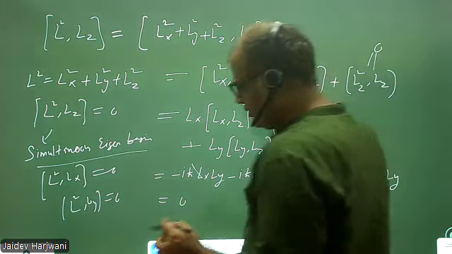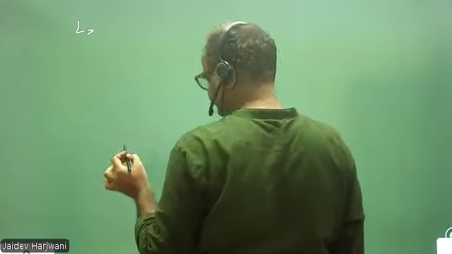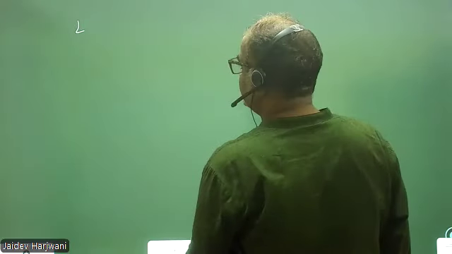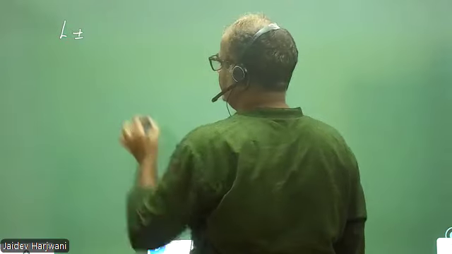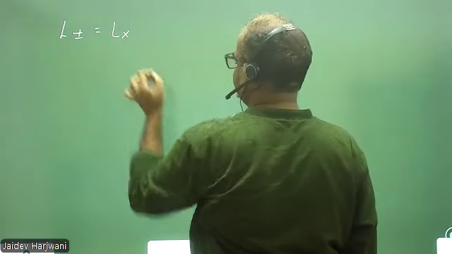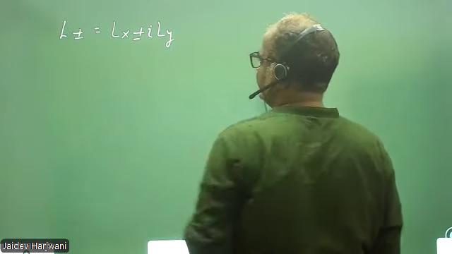Now I want one more commutator. Let us write now Lz, and now say we have seen L square and Lz can have a same eigenstate. Now I'm defining the ladder operators. So I'm defining L plus minus is equal to Lx plus minus iota Ly.